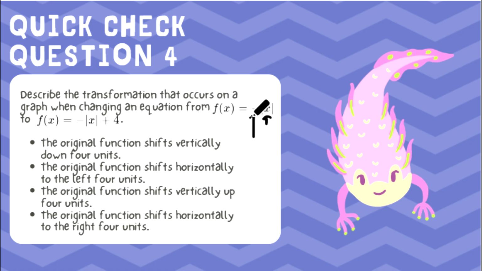But because this negative is outside of it, it's going to be negative. So this is like the opposite of an absolute value. So no matter what this x is, the value is going to be negative plus 4, okay? So describe the transformation that occurs when changing an equation from this to this. Again, the only thing that matters is the k value. Pick which one of these is correct.